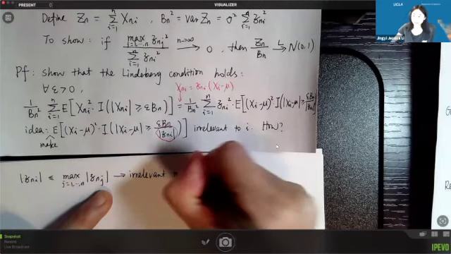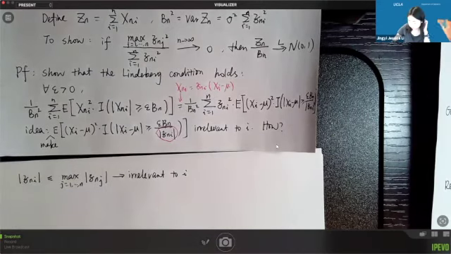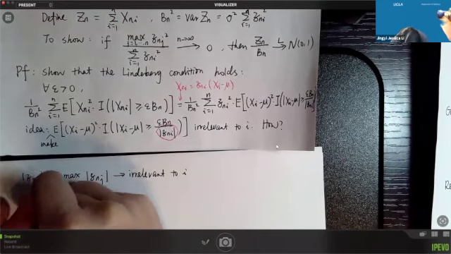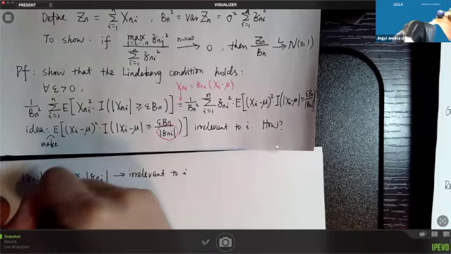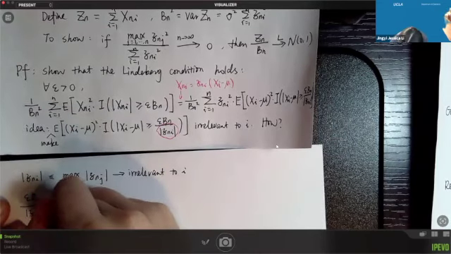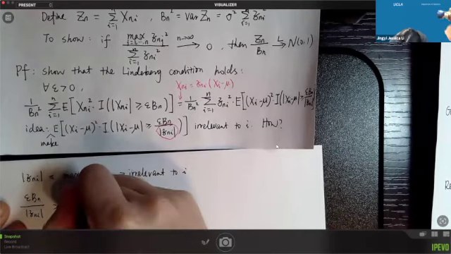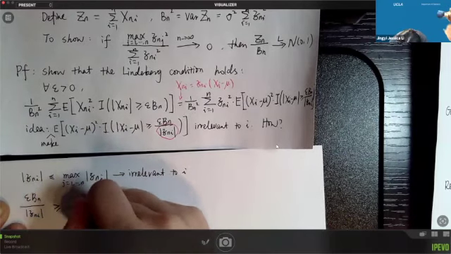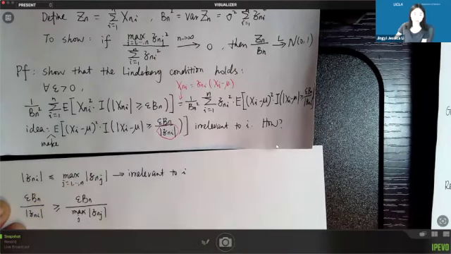Since we take the max, this is no longer relevant to i. So with this, you see that epsilon b_n over |z_{n,i}| would be less or equal than epsilon b_n over max_j z_{n,j}, right? We would have this.